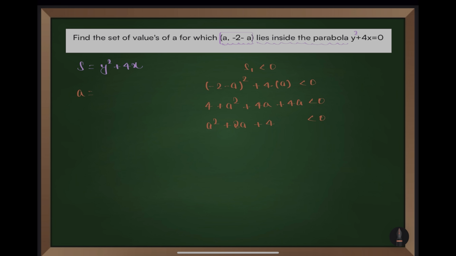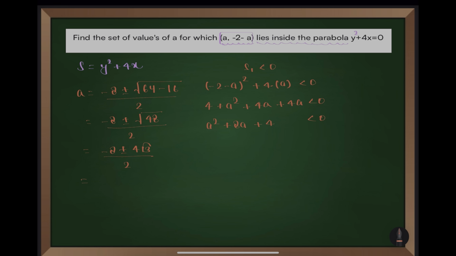So a equals to minus b plus minus root under b square minus 4ac by 2a. So it is minus 8 plus or minus, so it is 48 by 2, 16 into 3, 48. So can I go with minus 8 plus minus 4 root 3 by 2?